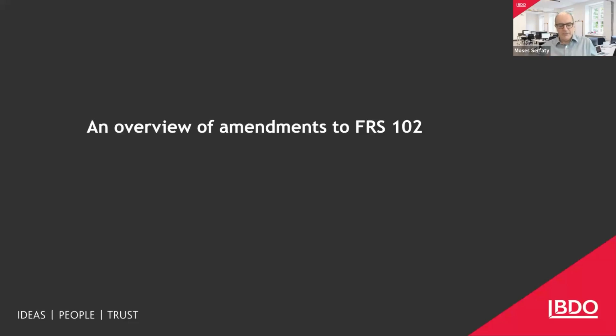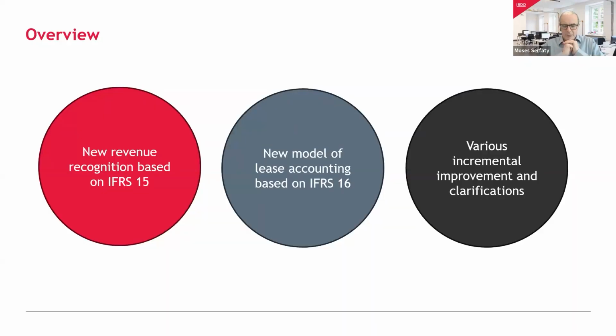So if we move on to the next slide, in terms of what we're going to cover today, we will have spoken in previous webinars about FRED 82, which is the periodic review of IFRS 102 carried out by the Financial Reporting Council, and the proposals set out in FRED 82 have been mainly brought into the amendments to IFRS 102. And so what are the headlines?